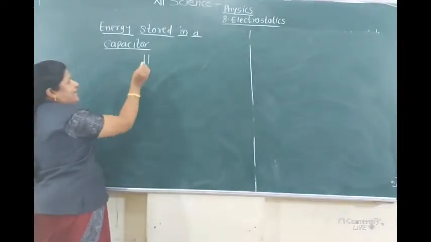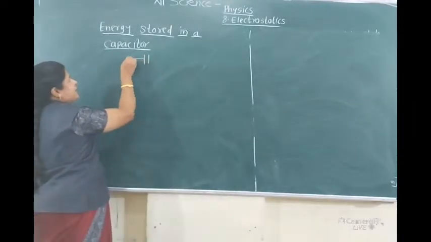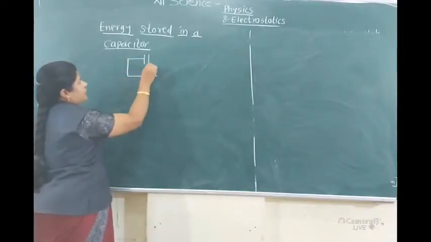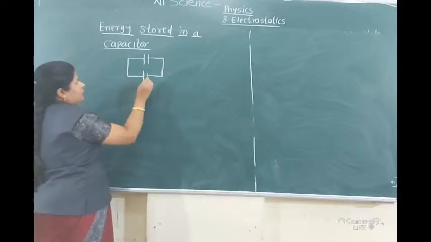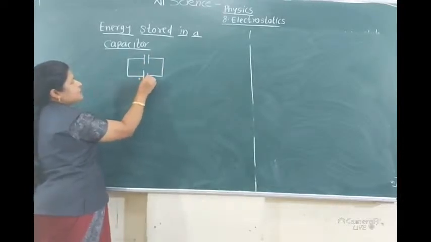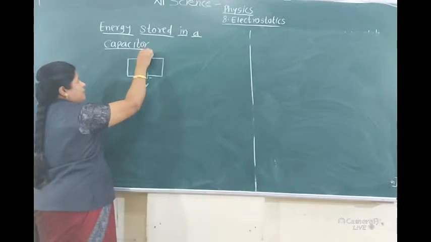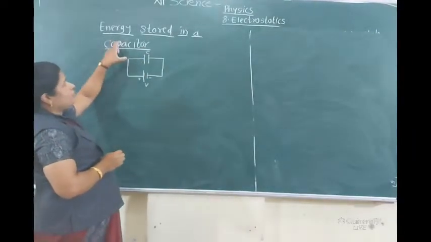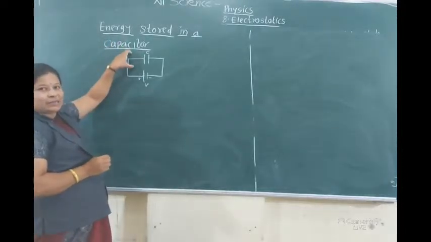Suppose this is a parallel plate capacitor connected with a potential voltage phi. This is the plus, this is the minus, and this is the capacitor C. Now we have to find out the energy of this capacitor.